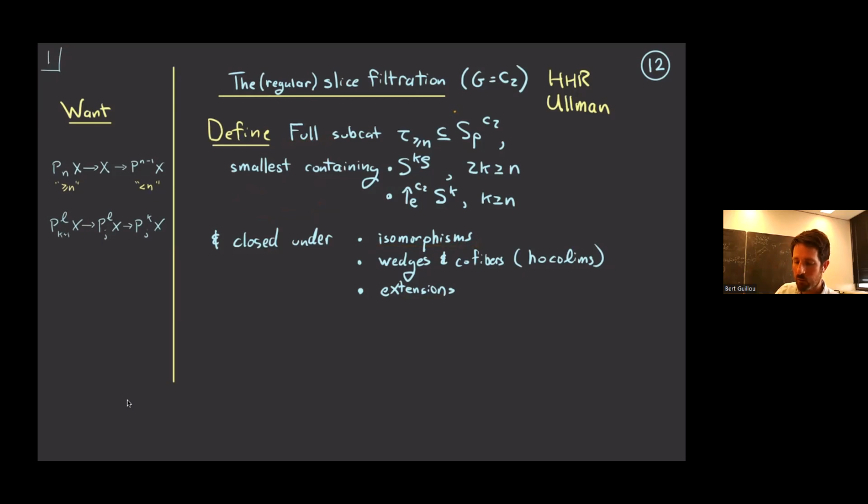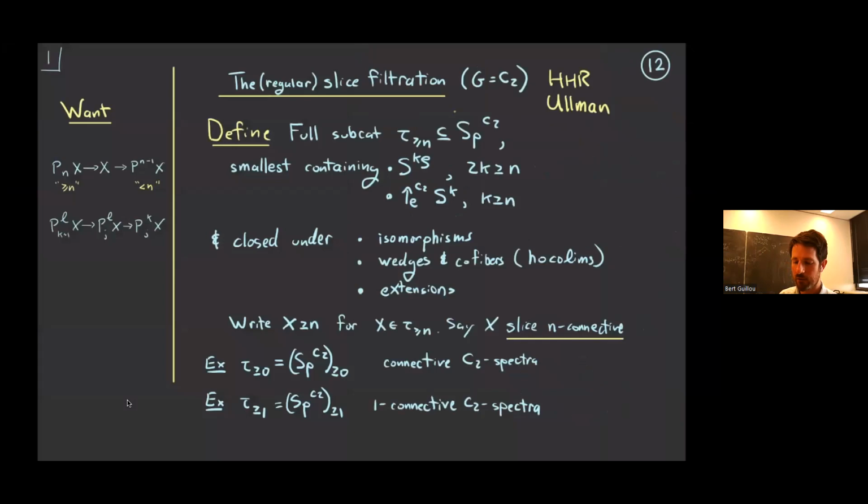It's closed under wedges and cofibers, which tells you it's closed under homotopy colimits. So we're allowed to build anything using these basic building blocks. It's also closed under extensions. That's the definition of this subcategory, and this is our notion of N-connective in this new sense.